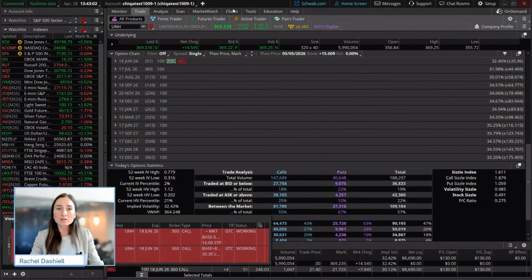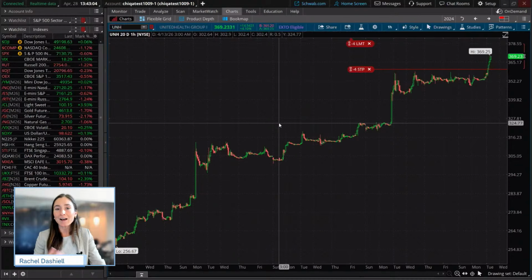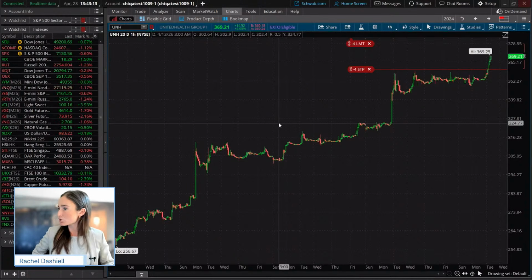A lot of traders that are using the average true range as a trailing stop may use that on the underlying stock rather than the options itself. So hopefully that answers your question there.